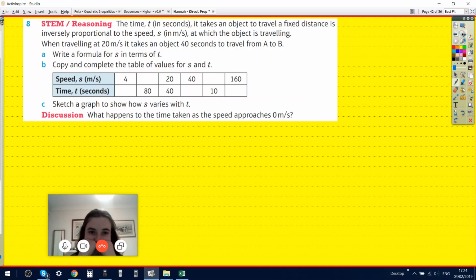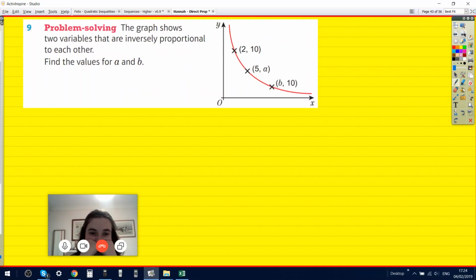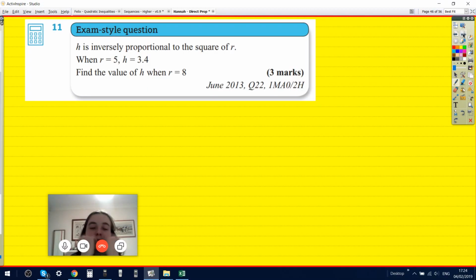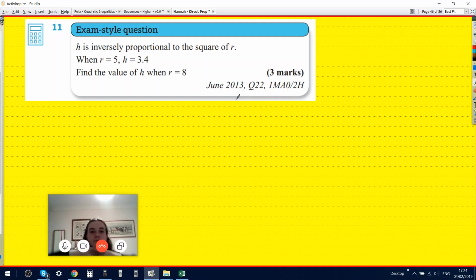This one, I'll think about it. Okay, more inverse proportion. Okay, any idea about this? H equals k over r.